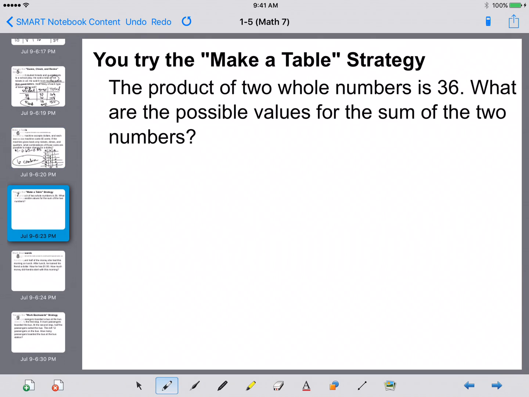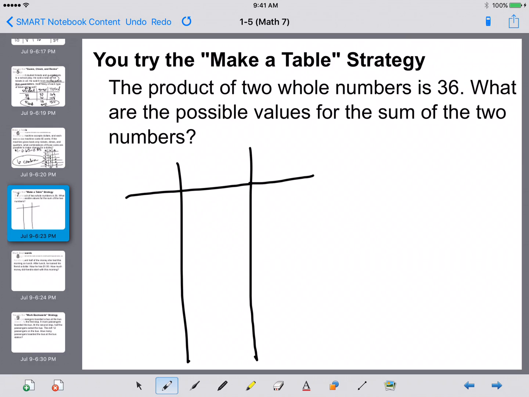Now you try this make a table strategy. It's telling us that the product of 2 whole numbers is 36. What are the possible values for the sum of the 2 numbers? So I'm just going to go here and think of, so we've got our 1 number, our 2 number, and the sum.